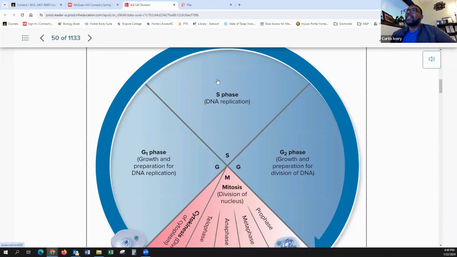If it does not, let's say it gets to S phase and something goes wrong, it can't go to G2 phase, and actually it stops the whole cell cycle and gets rid of that cell. It doesn't allow it to go to the next phase. So in order to go to the next phase, it has to pass it. This is kind of like going from fourth grade to fifth grade. You gotta pass fourth grade before you get to fifth grade.